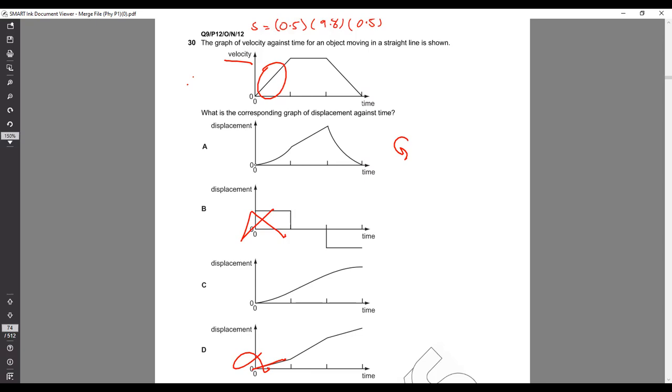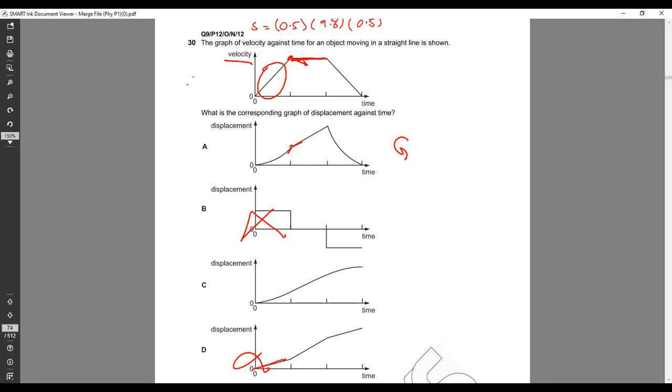But after that, what do you think? The velocity decreases or stays constant? Constant. So look at that point. If you look at that dot thing, isn't the graph much steeper before it and less steep after it?